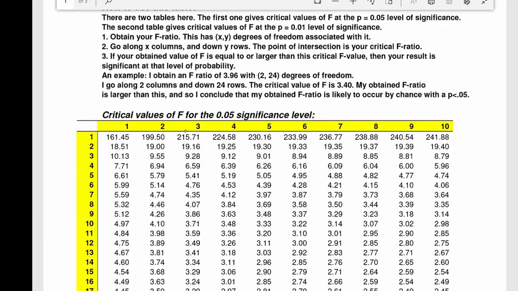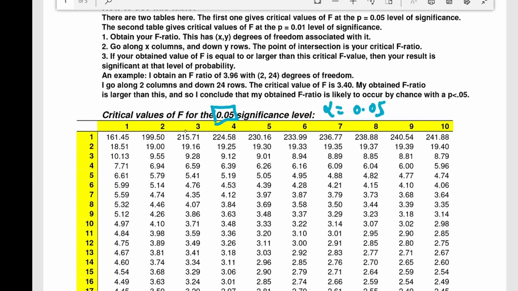Alright, so now we're using the F distribution table. Don't forget the F distribution table is very specific. So we are using the F distribution table for 0.05. If they ask you to find the alpha value, this is the alpha. If the alpha value changes, you change the distribution table too. You get it right? The degree of freedom between is 2 and the degree of freedom within is 12.